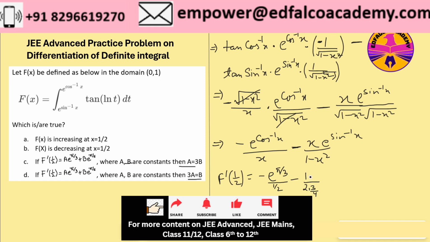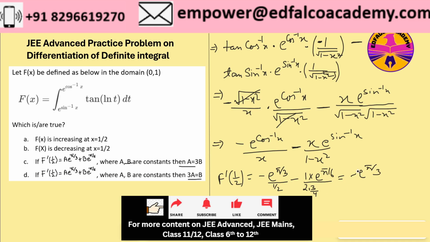And then on the top I will have e to the power sine inverse of 1 by 2, which will give me e to the power pi by 6. Therefore it will come out to be minus e to the power pi by 3.